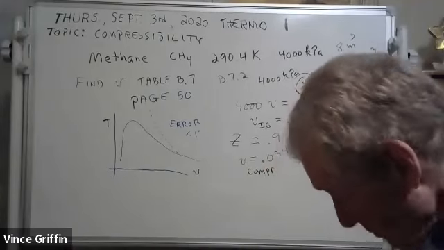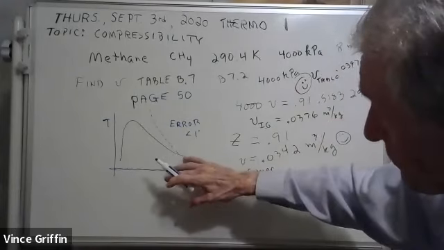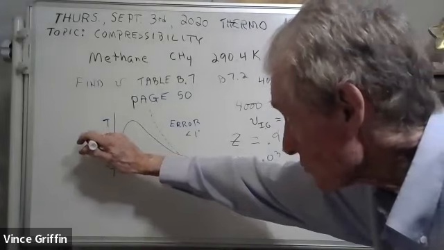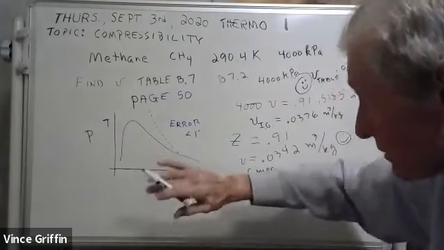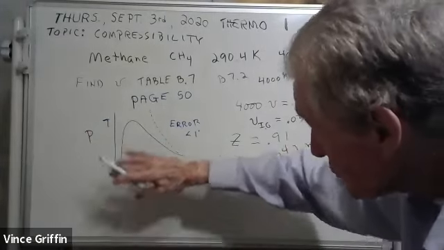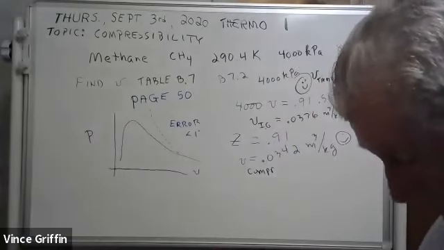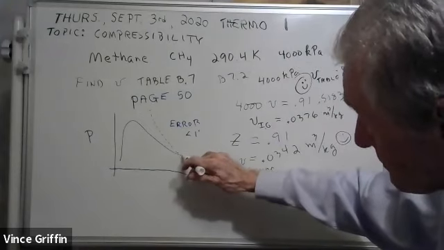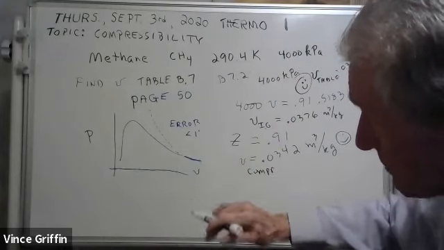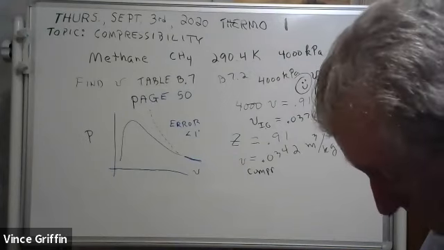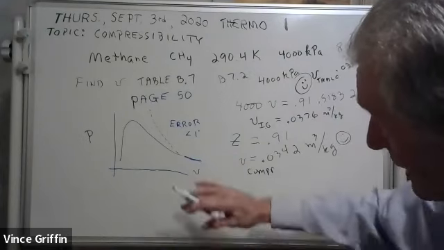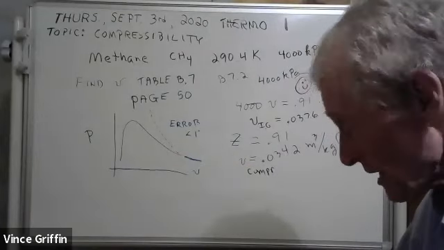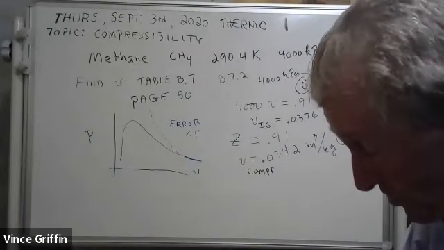What they're saying is, of course, I know that's a temperature graph, but you could draw a PV graph and it would look very similar. Just pretend that's a PV graph. Down here, if the pressure is low enough, what they're telling you is the ideal gas law will give you the same answer as the tables.